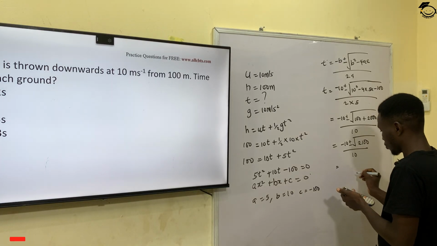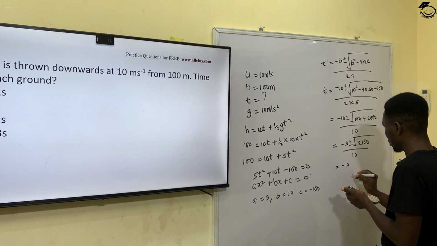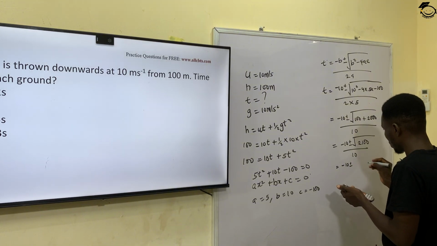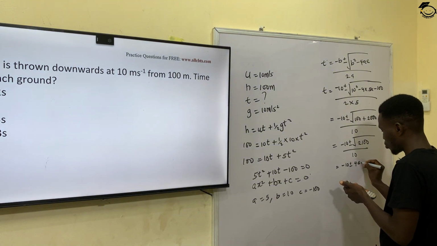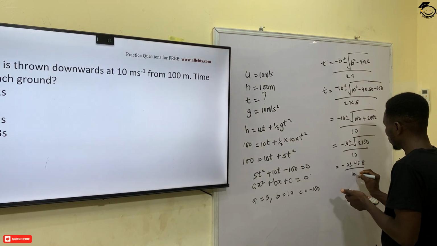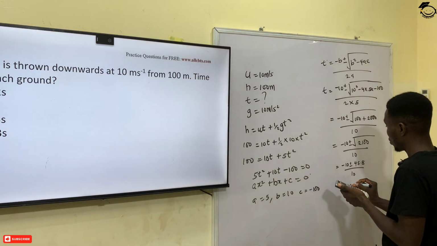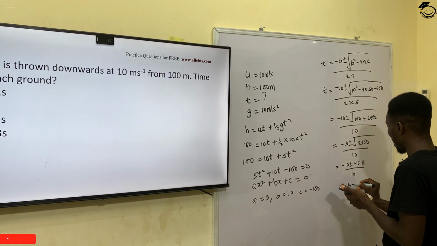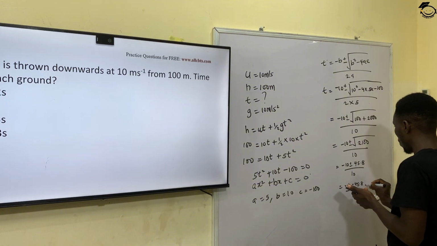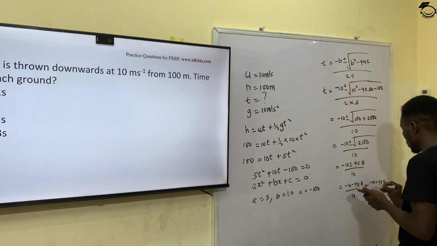So this will give me minus 10 plus or minus 45.8 over 10, which is the same as saying that I have minus 10 minus 45.8 over 10, or minus 10 plus 45.8 over 10.